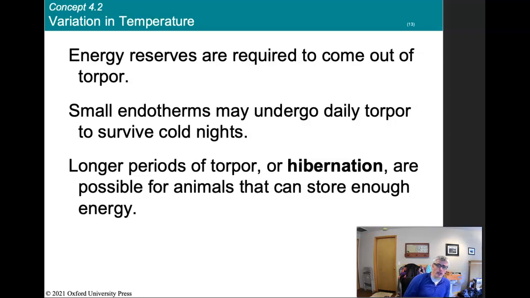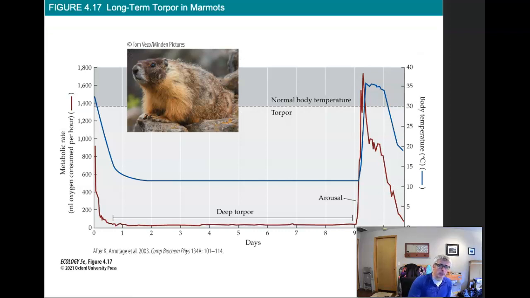Energy reserves are required to come out of torpor. Small endotherms may undergo daily torpor to survive cold nights. Longer periods of torpor are called hibernation and are possible for animals that can store enough fat energy. So it depends on the size and the fat stores of the animal what they're able to do.